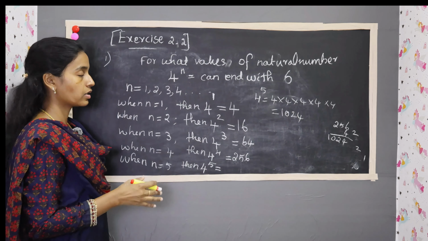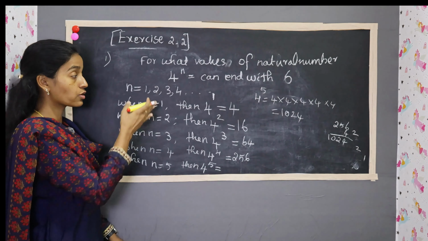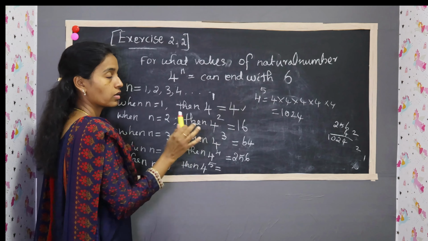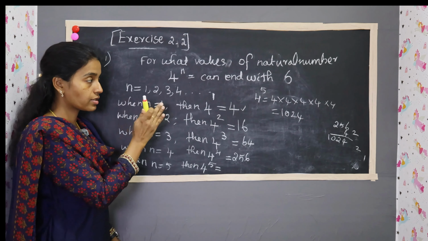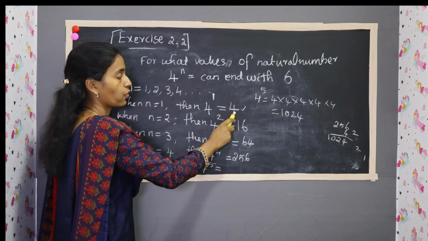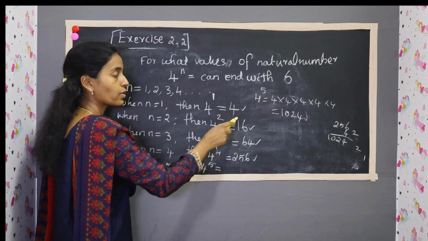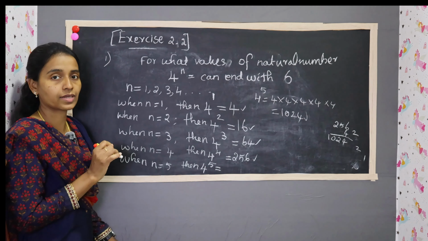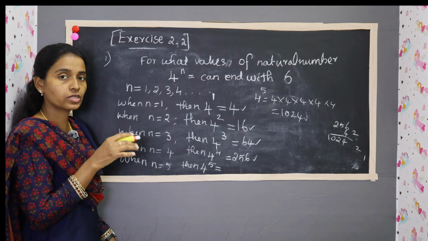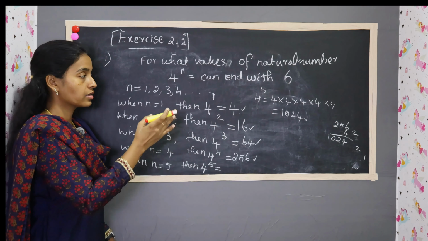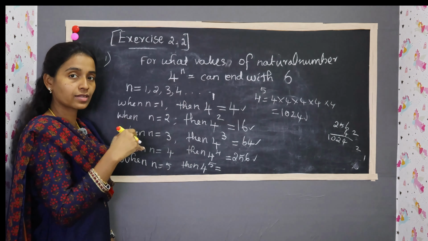Now we should look at all the steps. Just look at the last digit: 4, 6, 4, 6, 4. The 4 and 6 are getting repeated. So whatever number you apply, you'll be getting 4 and 6 repeatedly.